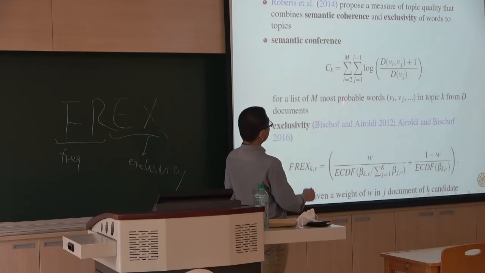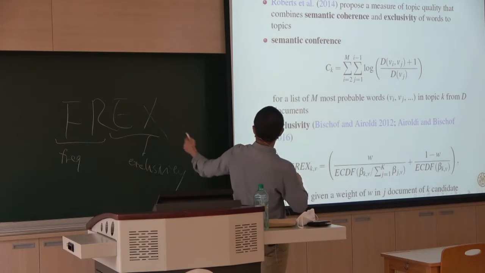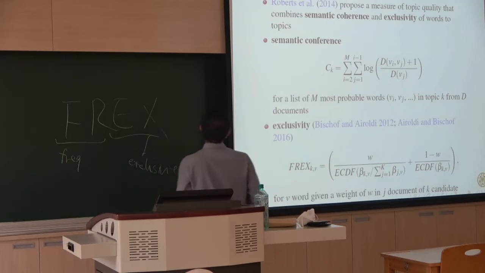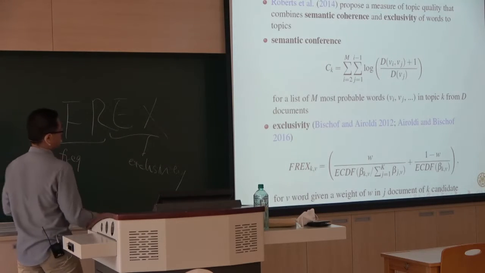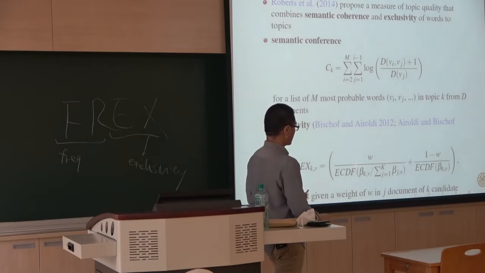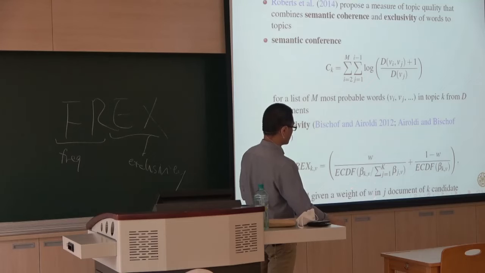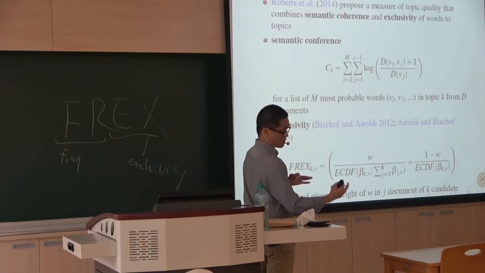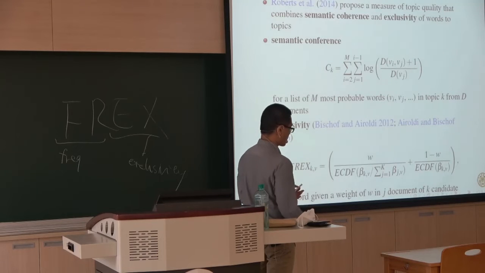So the coherence is measured by this new measure called frequency and exclusivity, which is just the weight assigned to a word in document J covering a potential K candidate topic.